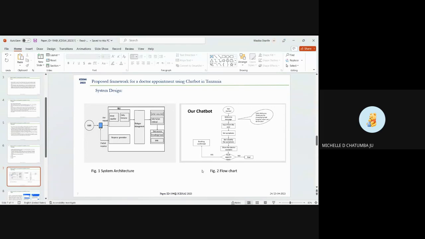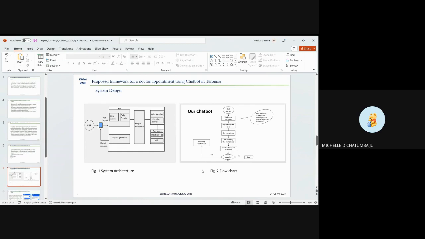Then the request goes to the NLU engine, the key component that understands and interprets the user's input. It has an intent classifier and entity extractors. The intent classifier identifies the intention or purpose behind the user message, and the entity extractor identifies specific pieces of information or entities within the user's messages.